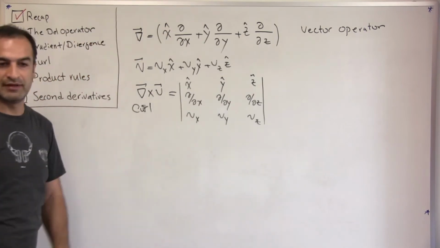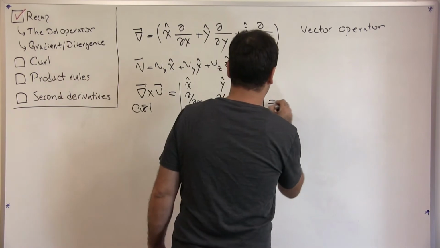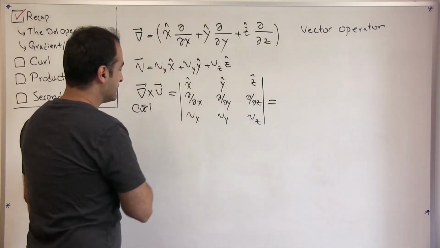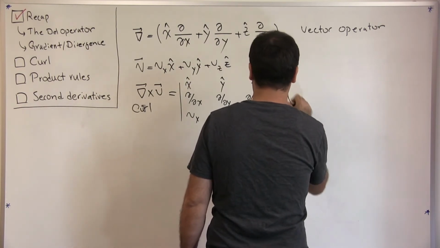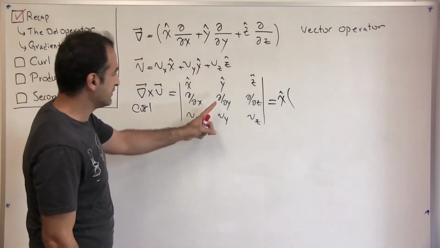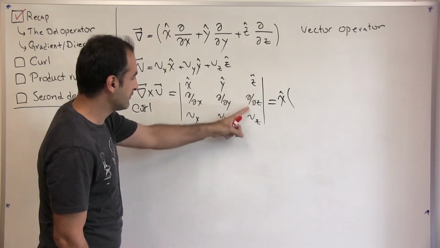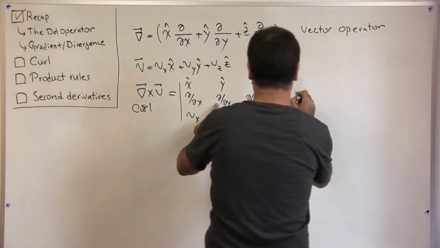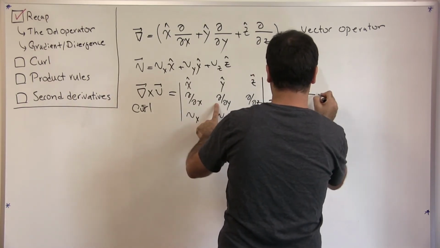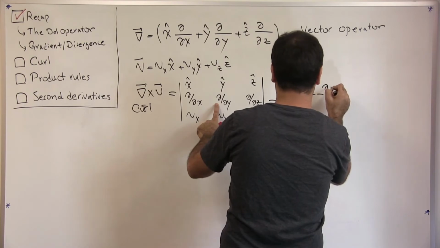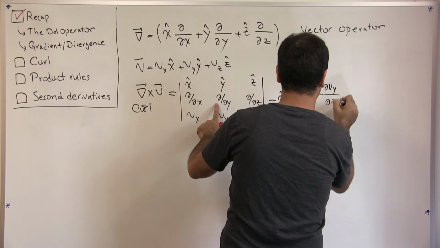And obviously it's a vector. Okay, so if we want to expand this determinant, what we get in the x hat direction is the derivative of Vz with respect to y minus the derivative of Vy with respect to z. Okay, so we get dVz over dy minus dVy over dz.